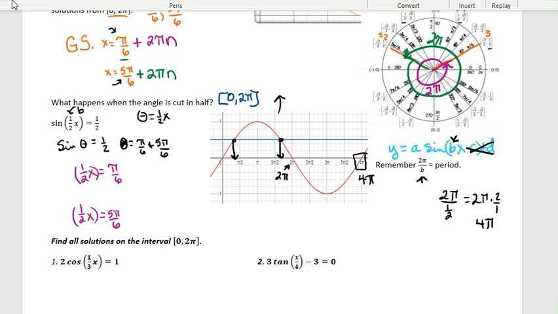We're keeping them all the same just to keep it simple. All right, so how often does this come up? Well, if I look back on my unit circle at pi over 6 and 5 pi over 6, let's just use what I had right here. So plus 2 pi n, plus 2 pi n.